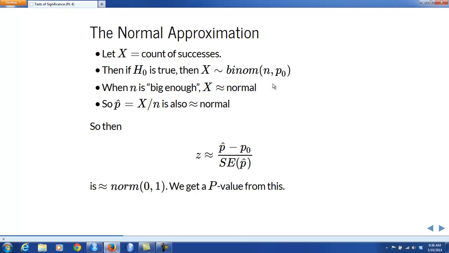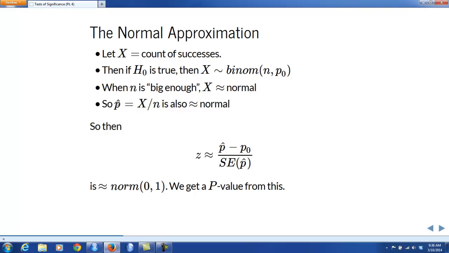Now we know some things about binomial random variables from previous chapters. We know that when the number of trials is big enough, the probability distribution for a binomial random variable looks a lot like a bell-shaped normal curve.